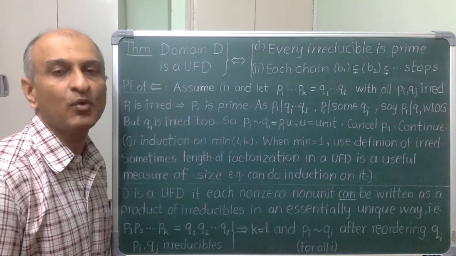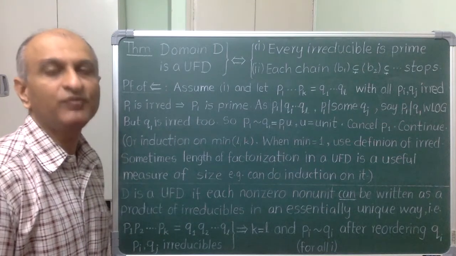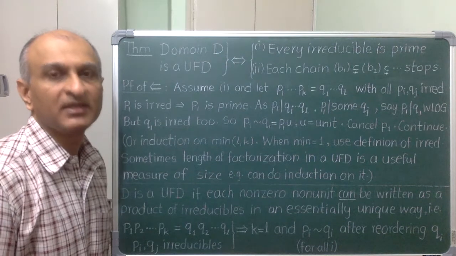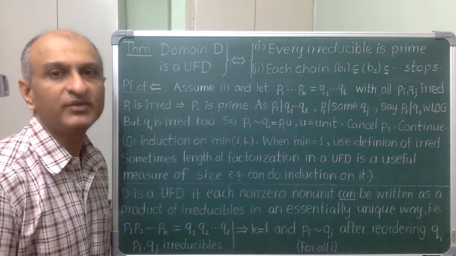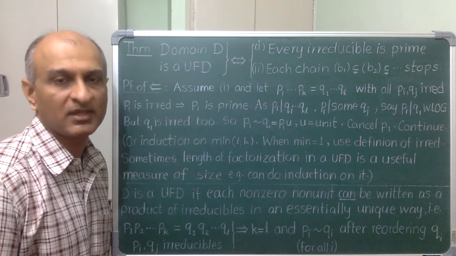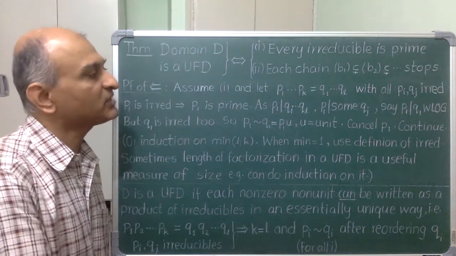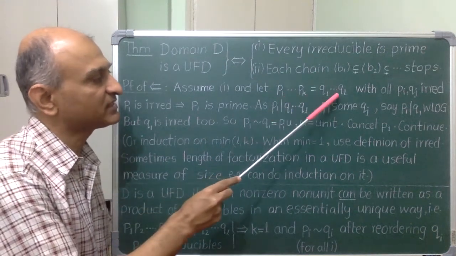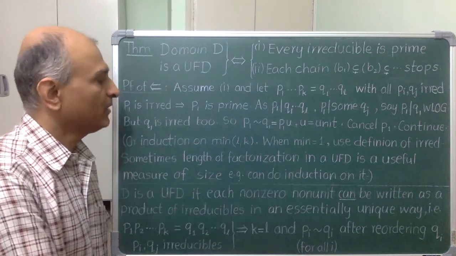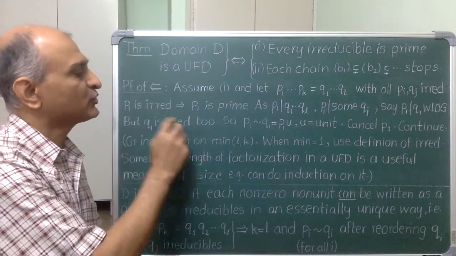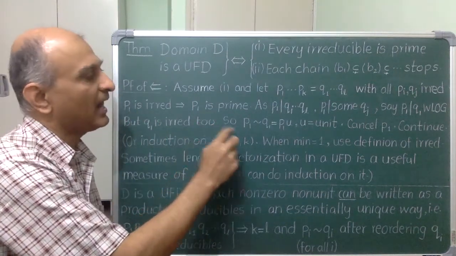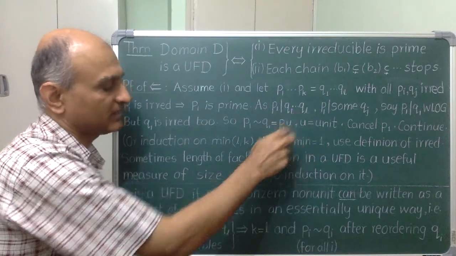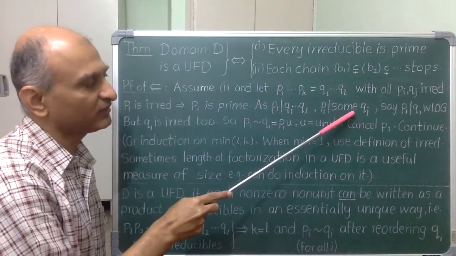First, we will assume only condition 1 and prove uniqueness of factorization. This works exactly the way you did it for integers in the homework. So let's see. Suppose I am given two factorizations of the same element. Now, P1 is irreducible, so it is given to be prime, and it divides the product on the right hand side, so it divides one of the Q's.